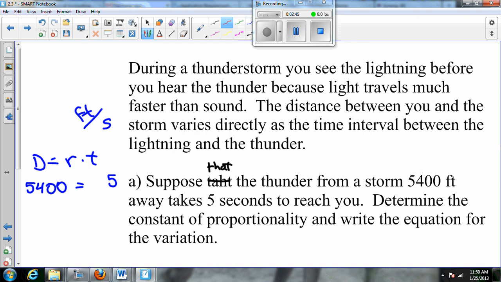In this case, the constant of proportionality is the rate. It's standard. It will stay the same. So we need to solve for r. So divide by 5 on both sides. And we got 1,080. And we're in feet per second. It's our rate, our constant of proportionality.